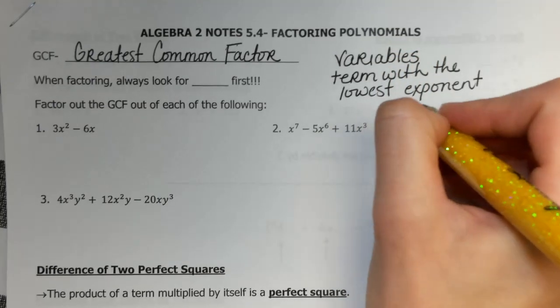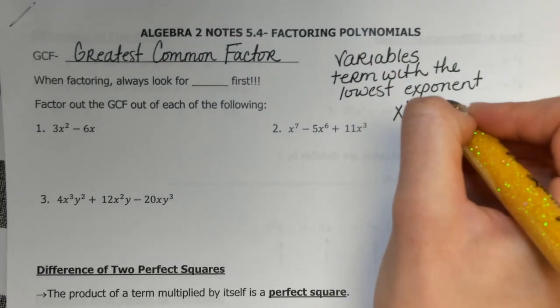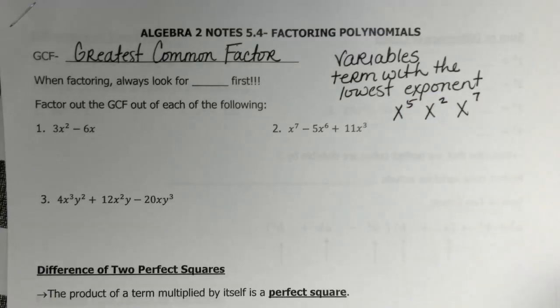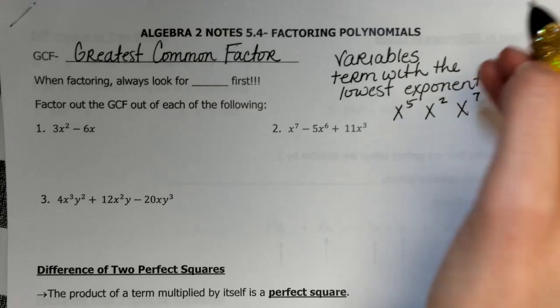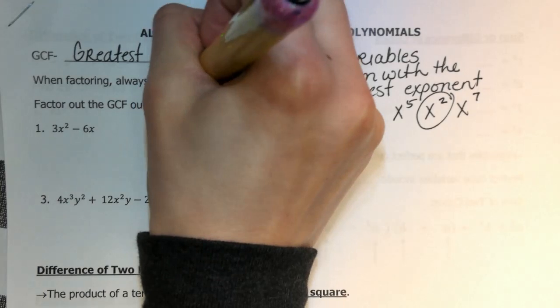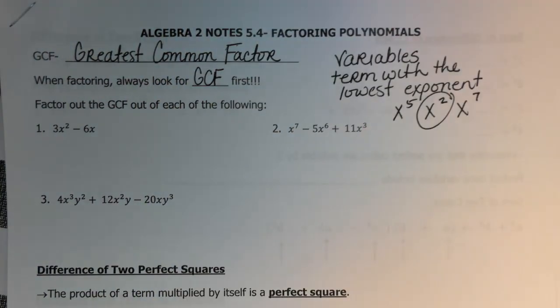So if you had x to the 5th, x squared, and x to the 7th, my GCF would be x squared. Because of what a GCF is, you're dividing everything by that, so you need the smallest exponent, because when you divide variables, you subtract your exponents. Okay? So when factoring, you're always going to look for the GCF first.